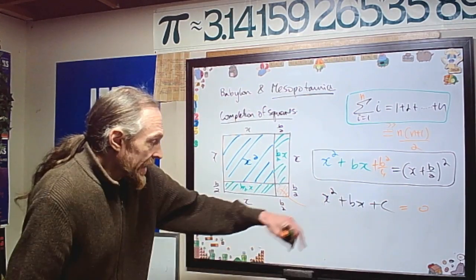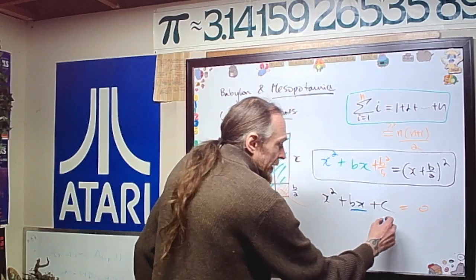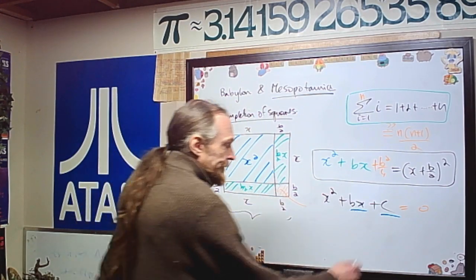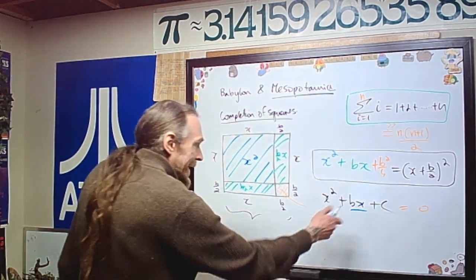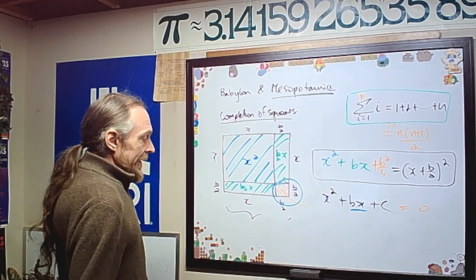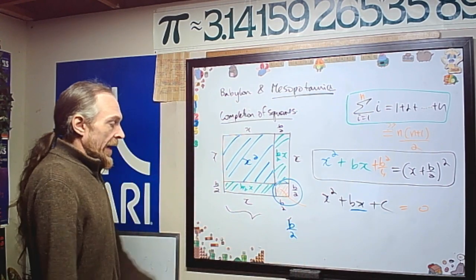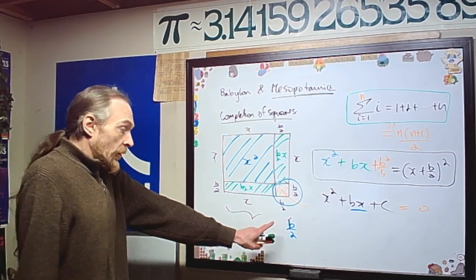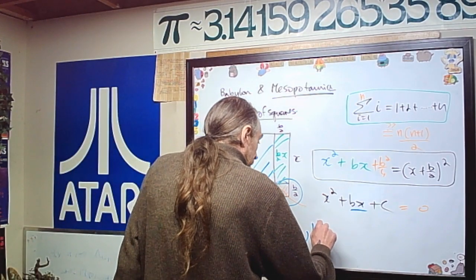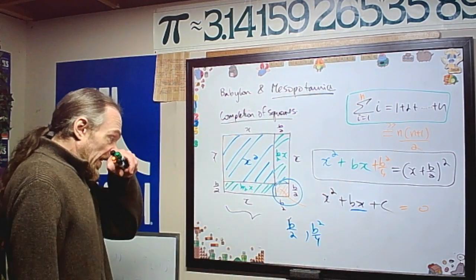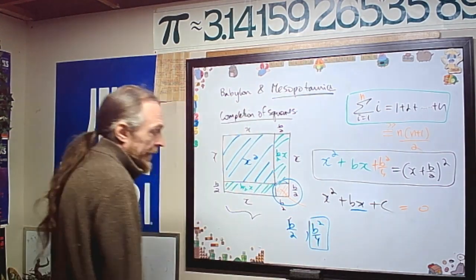So the first thing they say is you ignore c, you need to look at this guy. So what we need is now, from the picture, we know that we need, what do you have to do? You have to take b over 2. And then I say when it's an actual number, keep both of them, and then square it. And then you're going to get b squared over 4. And then this is what we need, okay?